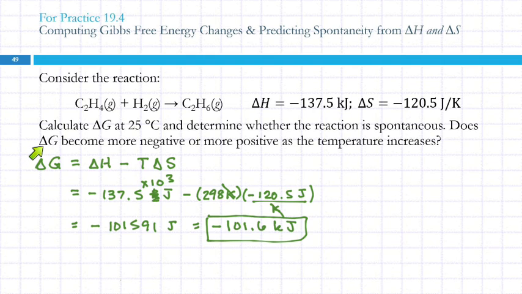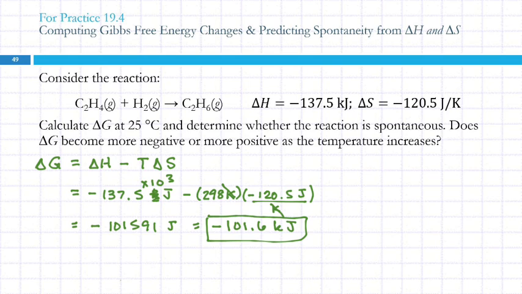So then it's asking, is delta G going to become more negative or more positive as we increase the temperature? It's going to be more positive because these minuses cancel each other out, and so then we're adding here. The bigger this is, the more positive delta G gets. If delta G is more positive, is that more or less spontaneous?